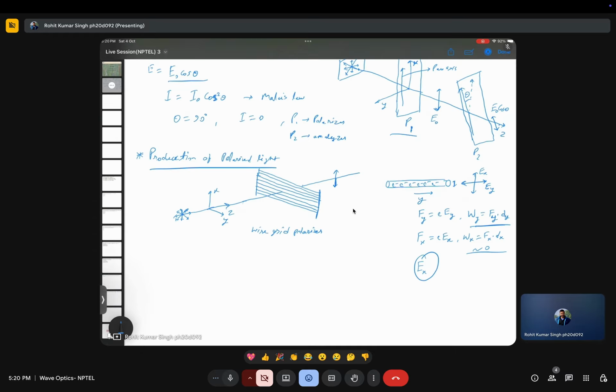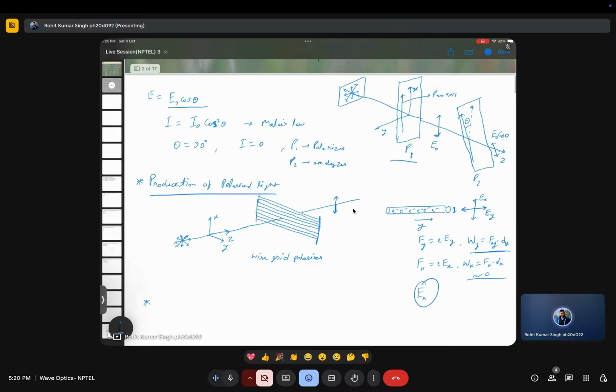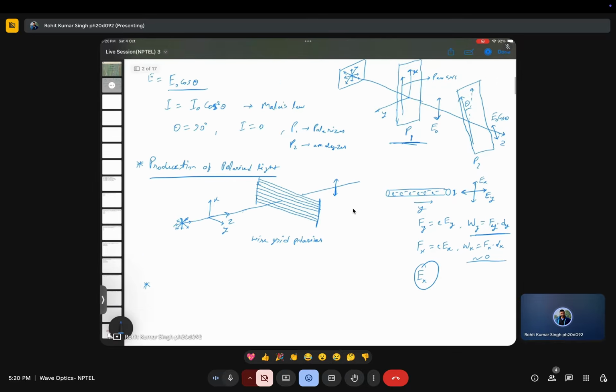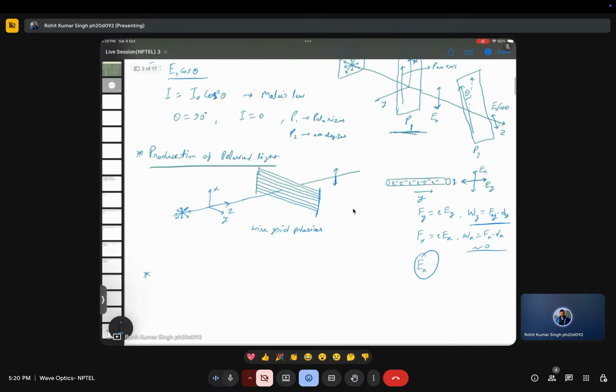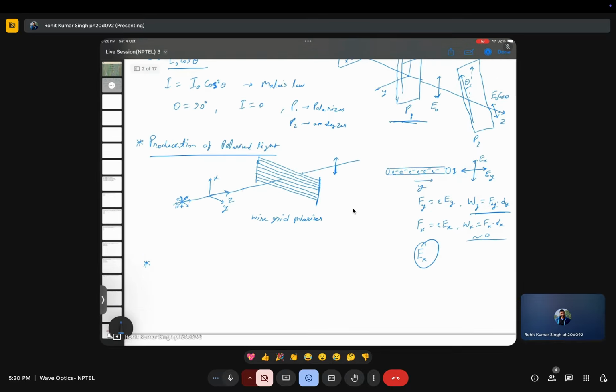Okay. Now this polarizer that we are discussing here, you can buy from a market, or you might have seen it anywhere.